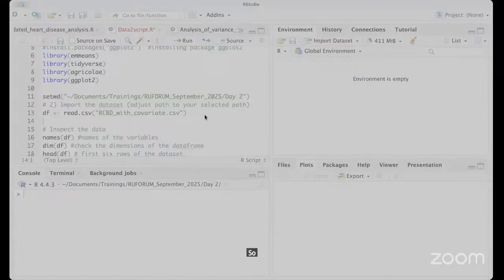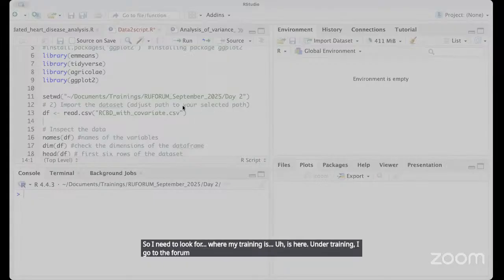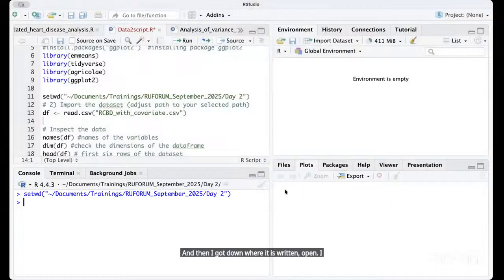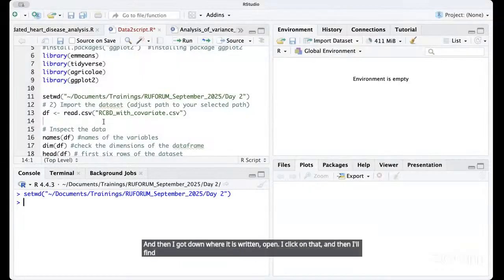Under trainings, I go to the forum, and the folder that I want is day 2. I don't need to go inside this folder. I just click on this folder, and then I go down where it is written open. I click on that, and then I find myself in that working directory.